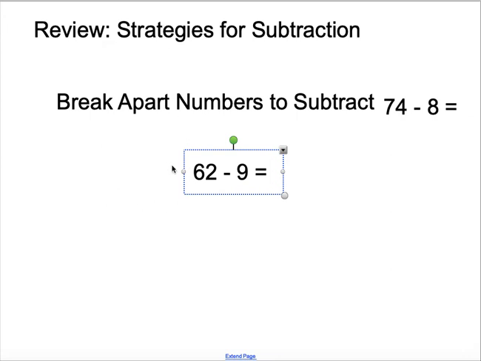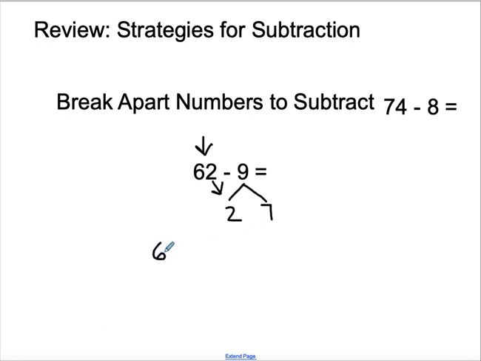Okay, so now we have 62. I need to break apart this 9 that I want to subtract from 62. Because I want to make this a friendly number, I know I need to subtract the ones. So I need to subtract the 2. And now I think to myself, 2 plus what equals 9? And it's 7.